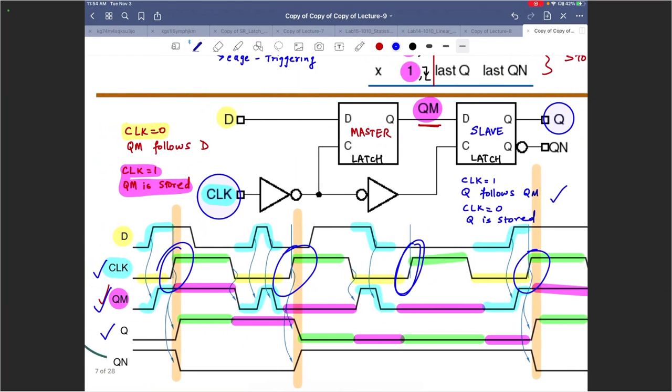Because QM is stored. Can QM change if clock is 1? QM is stored when clock is 1.